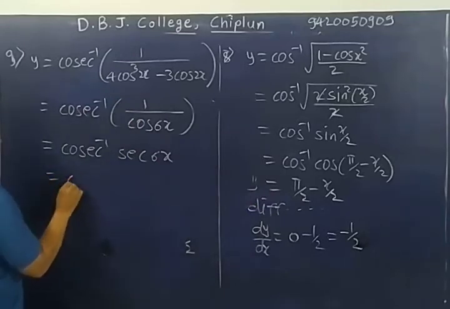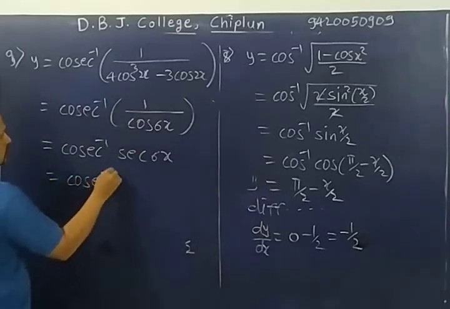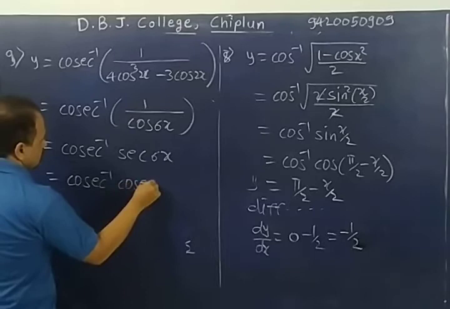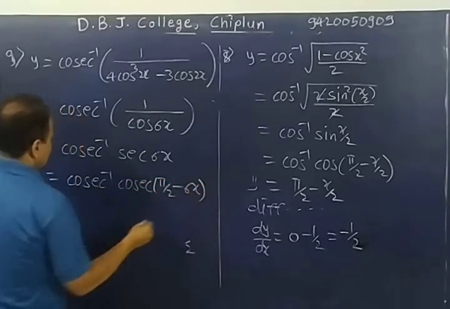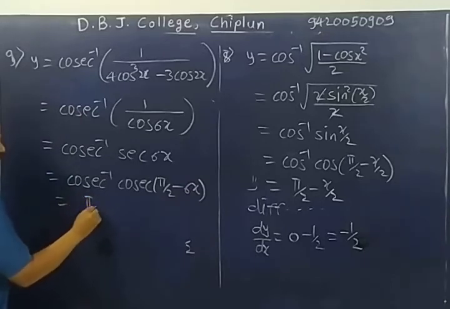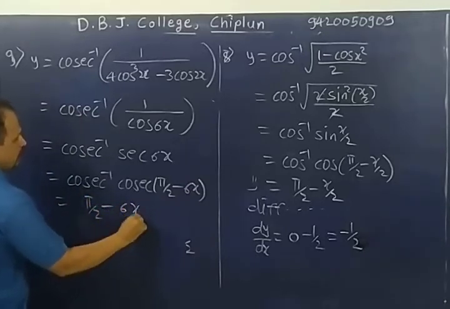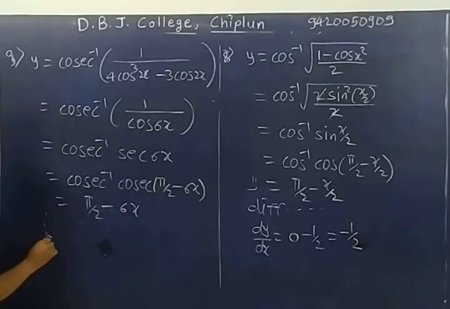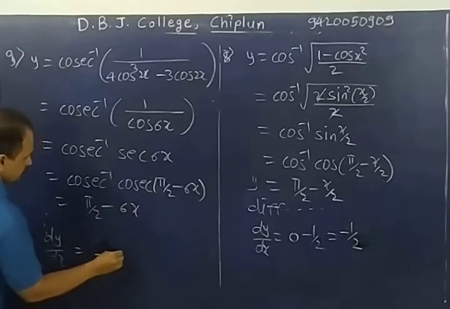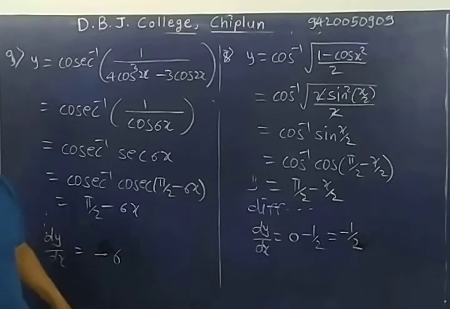So conversion gives me cosec inverse cosec pi by 2 minus 6x, and the answer, y simplified, is pi by 2 minus 6x, and derivative I am going to write directly, dy by dx, pi by 2 derivative 0, minus 6x derivative minus 6.